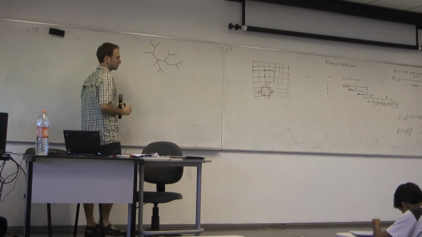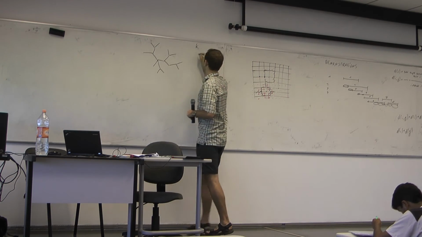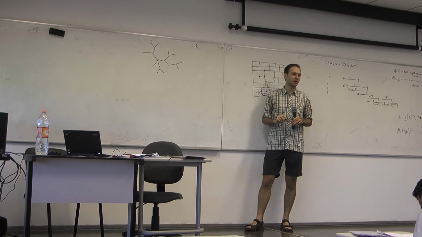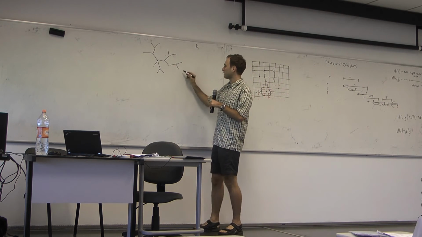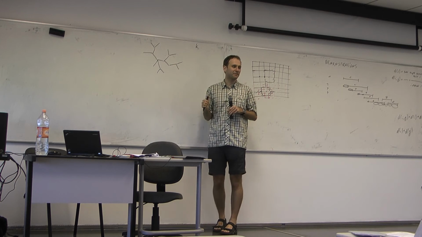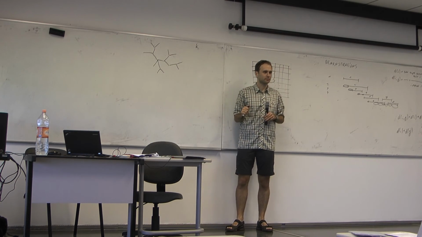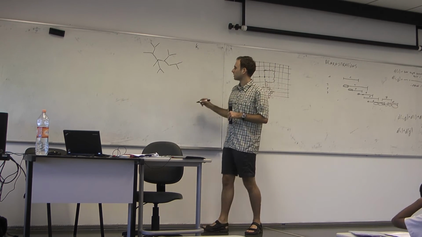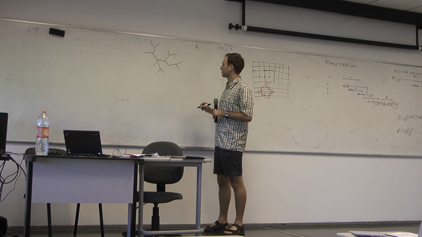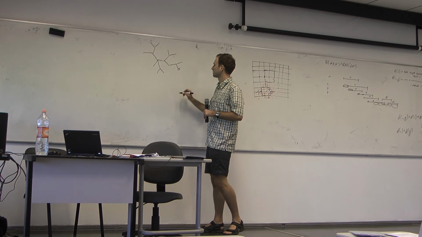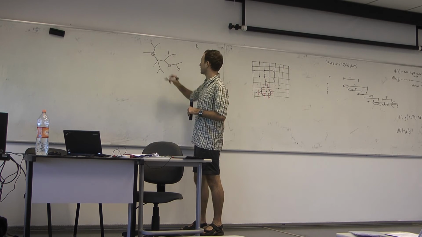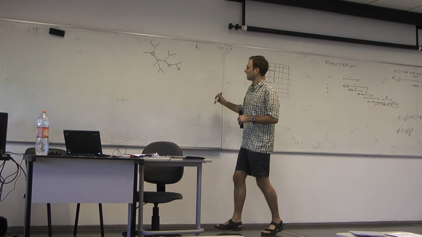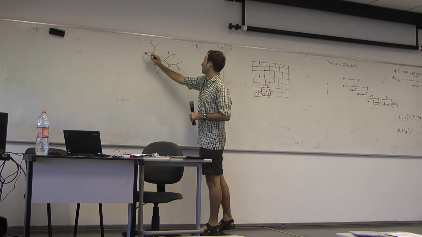So we had a tree with a number k, and the goal was to mark as many vertices as possible, so that on every simple path, at most k vertices were marked. So if k is equal to 3, we can mark this vertex, and this vertex, which is stupid, but then this path is already covered.